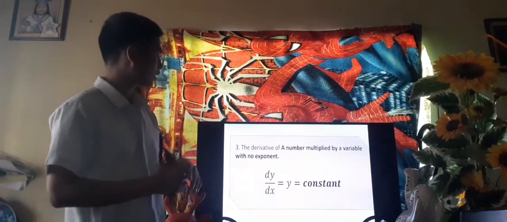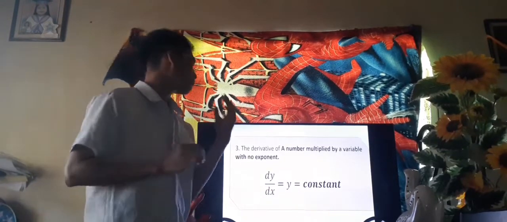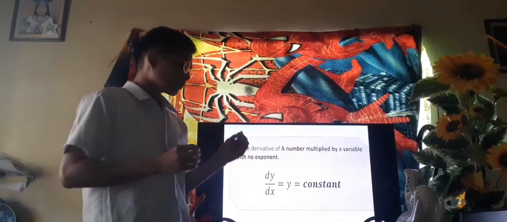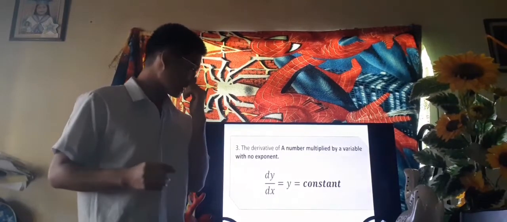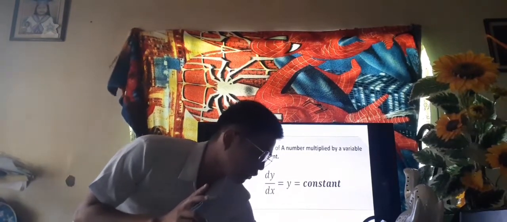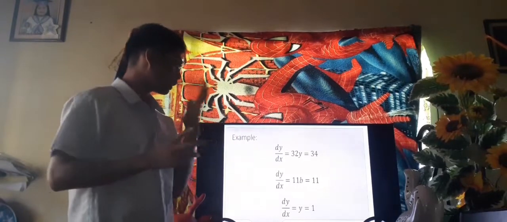So, the derivative of a number multiplied by a variable with no exponent. Eto na. Pag-aaralan na natin ay ang ating next na meron na siyang dalawang term, which is pagsasamahin na natin yung constant at variable. So, ano naman ito?